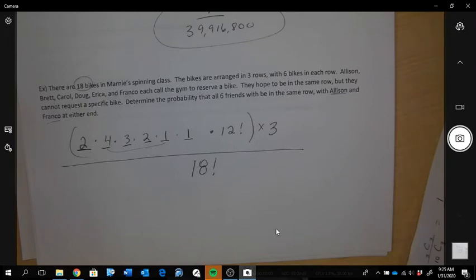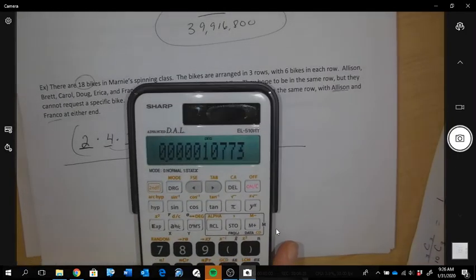Okay, so I am not sure if our calculator will handle all this, so we'll check it out. So that is the answer.